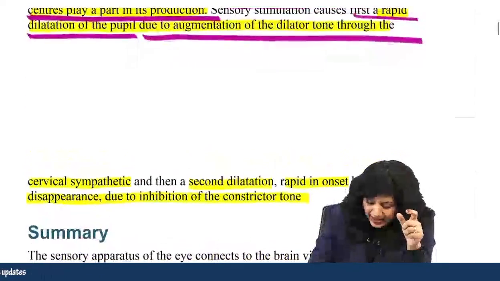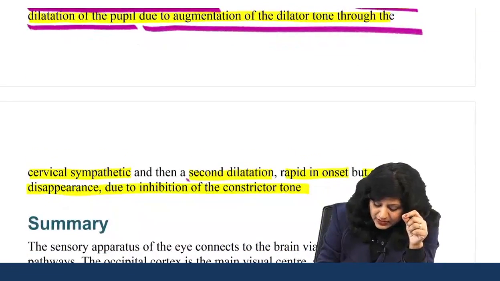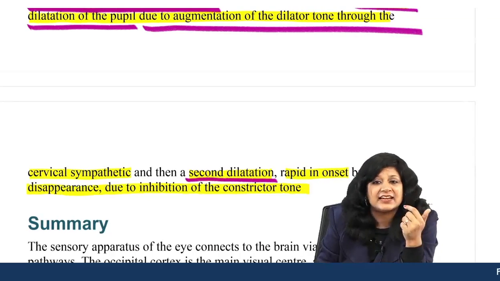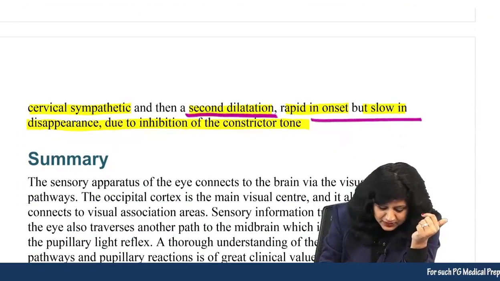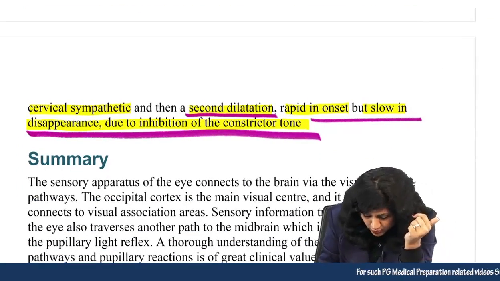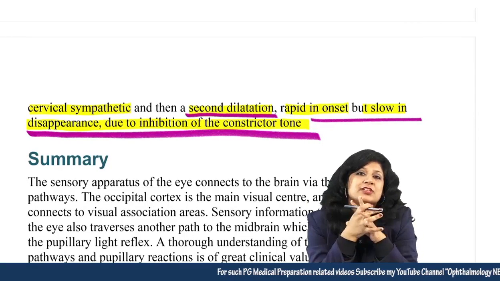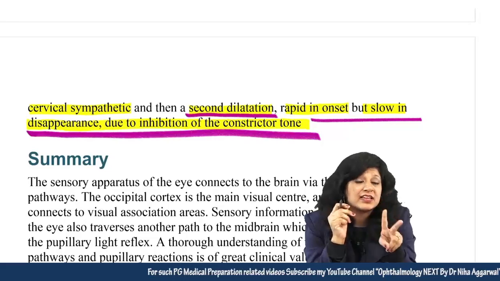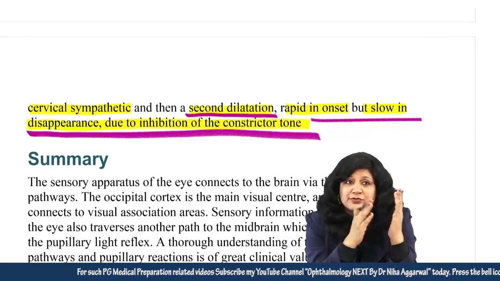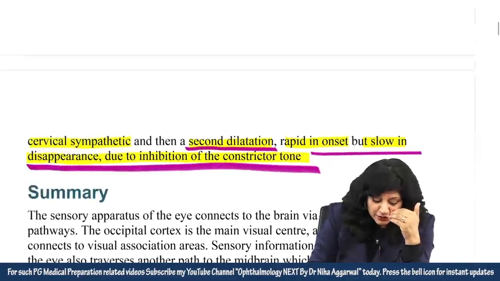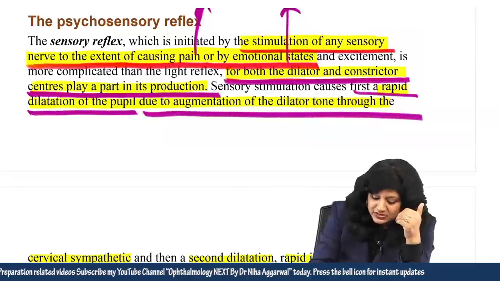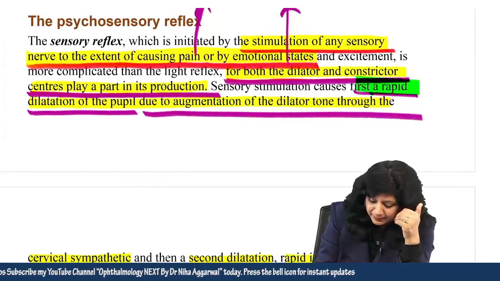And then you have a more sustained second dilatation, which is rapid in onset but slow in disappearance, due to the inhibition of the constrictor tone. So what they are trying to say is that whenever we have the psychosensory reflex, we have dilatation, but that is occurring in two phases, the first phase and the second phase. The first phase is a rapid one. This is rapid dilatation.